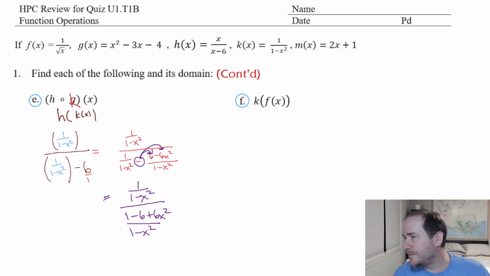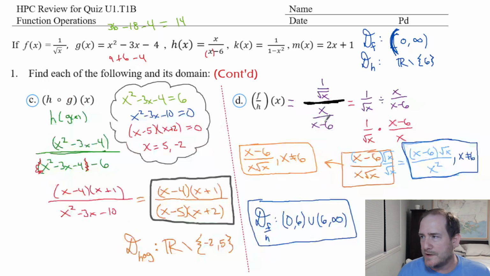Okay, now some great news is we can cancel the 1 minus x squareds. And I don't know, it's kind of obvious why we can do that. If you think back to the previous problem when I totally explained that when you've got these complex fractions, just think of it as the numerator divided by the denominator, which of course becomes the numerator times the reciprocal of the denominator.